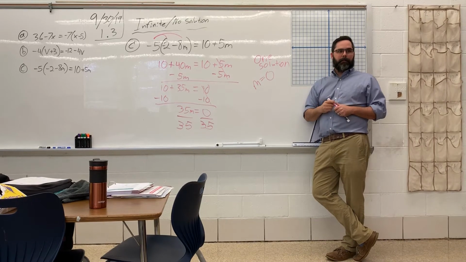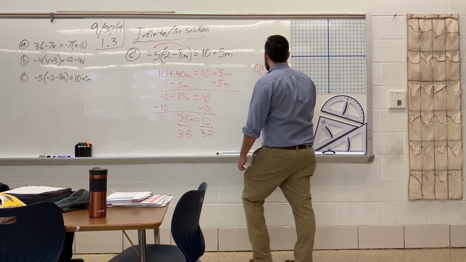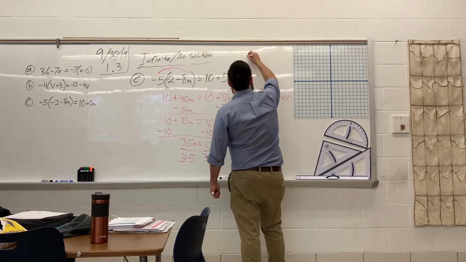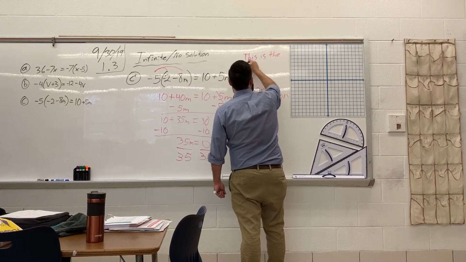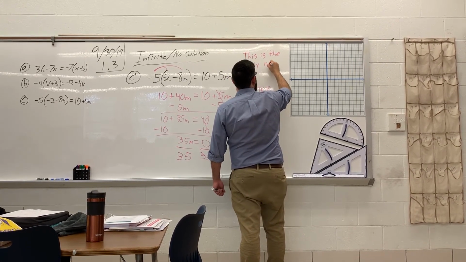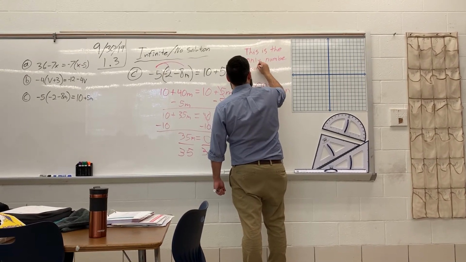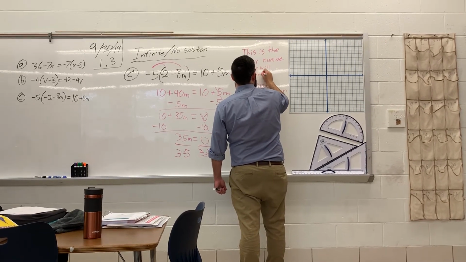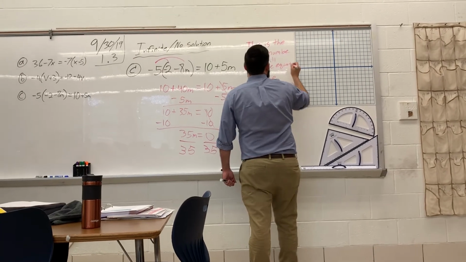Yes? Can you repeat that, please? Yeah. With one solution, in this case, 0, this is the only number or value that will balance the equation or satisfy the equation.